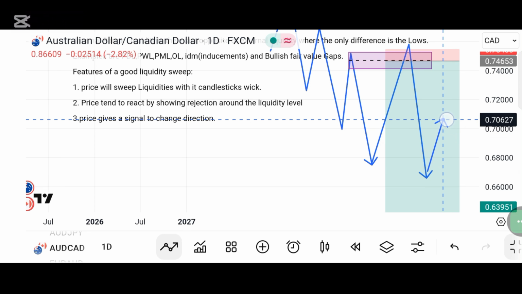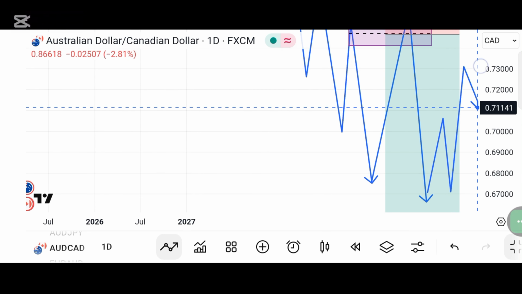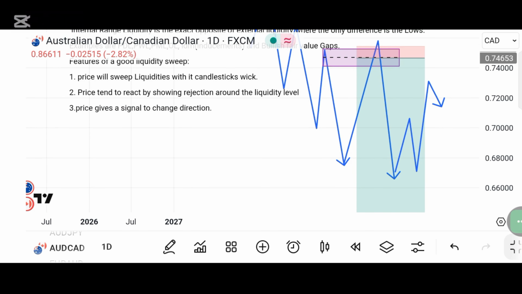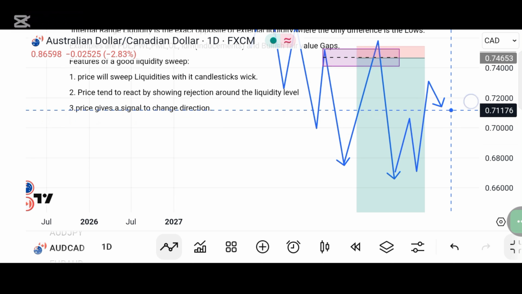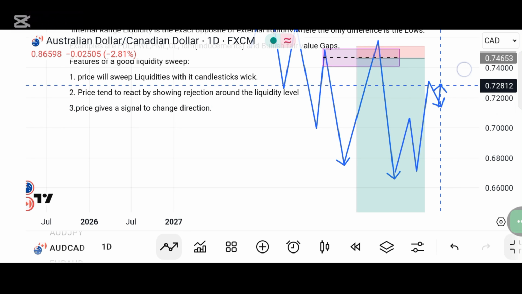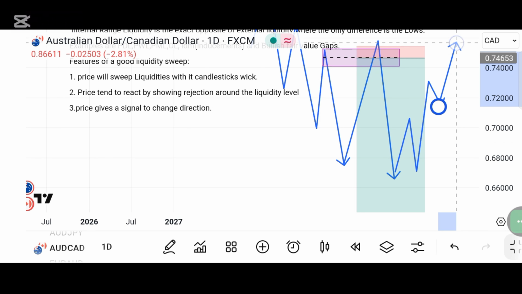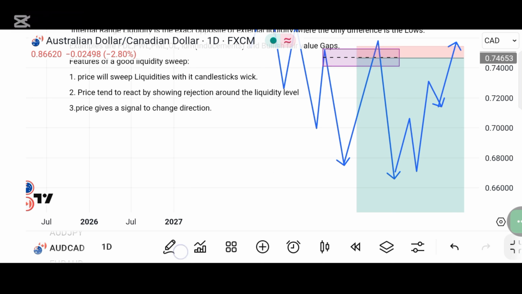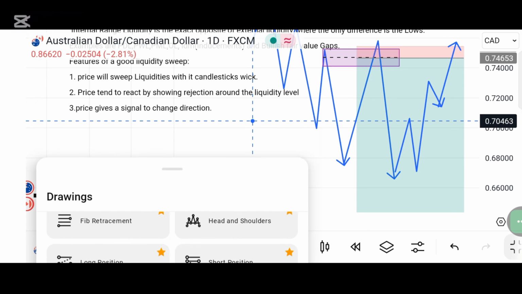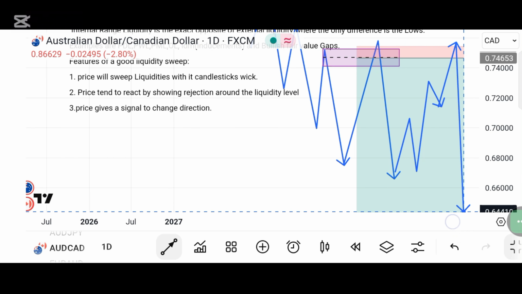Price will just retrace, keep retracing until it takes out your liquidity from here, hitting your stop loss, then going back in full, hitting your stop loss, then going back in full, hitting your stop loss, then you can see how price then delivers in full down to your take profit. So this is another way of taking out liquidity.